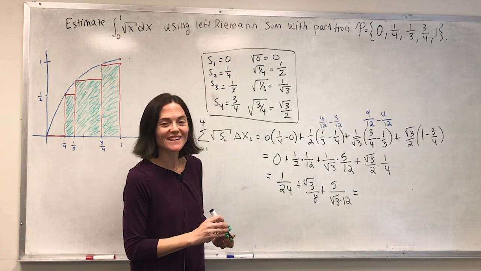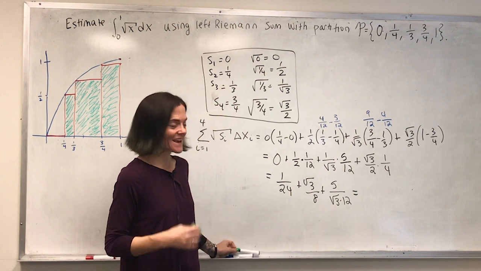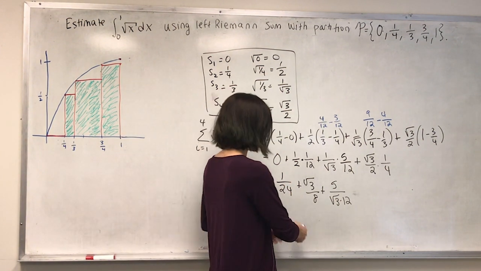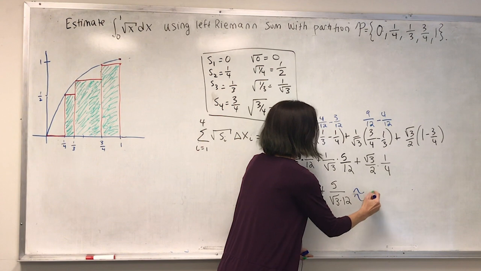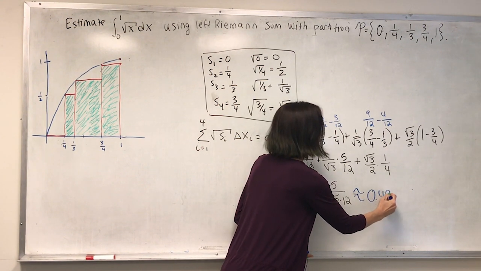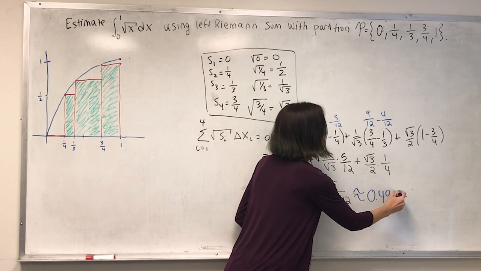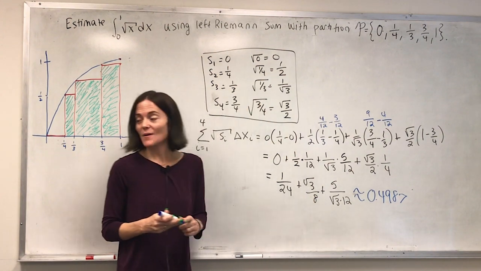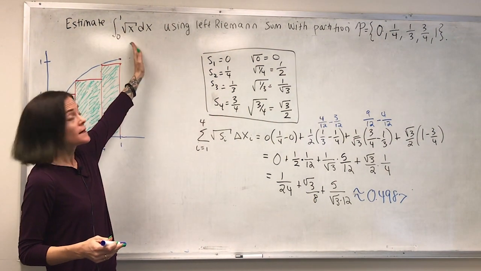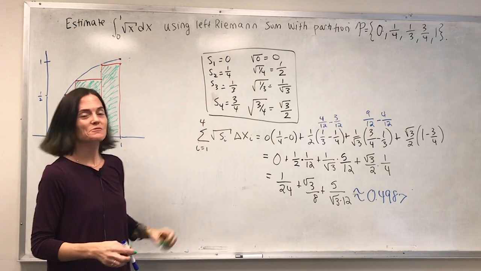So I would use your calculator at this point, and let's see what we get. Approximately 0.4987. This would be our estimate to this integral using this Riemann sum.